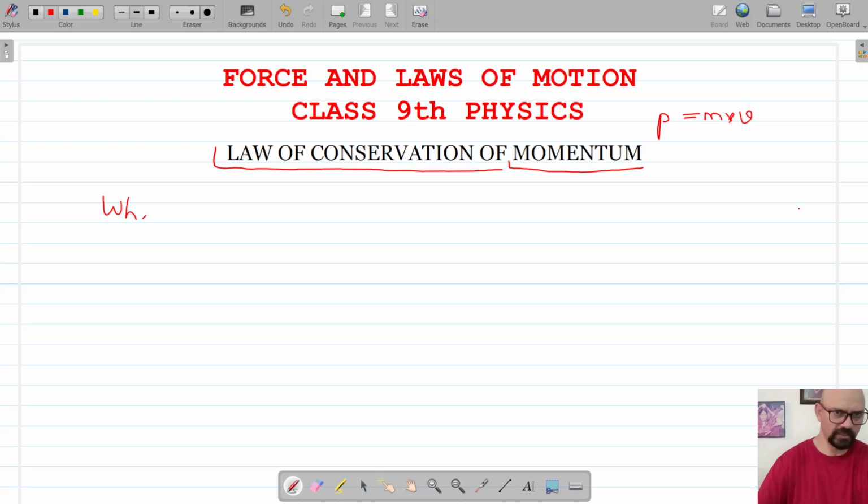We will also try to prove the law of conservation of momentum.